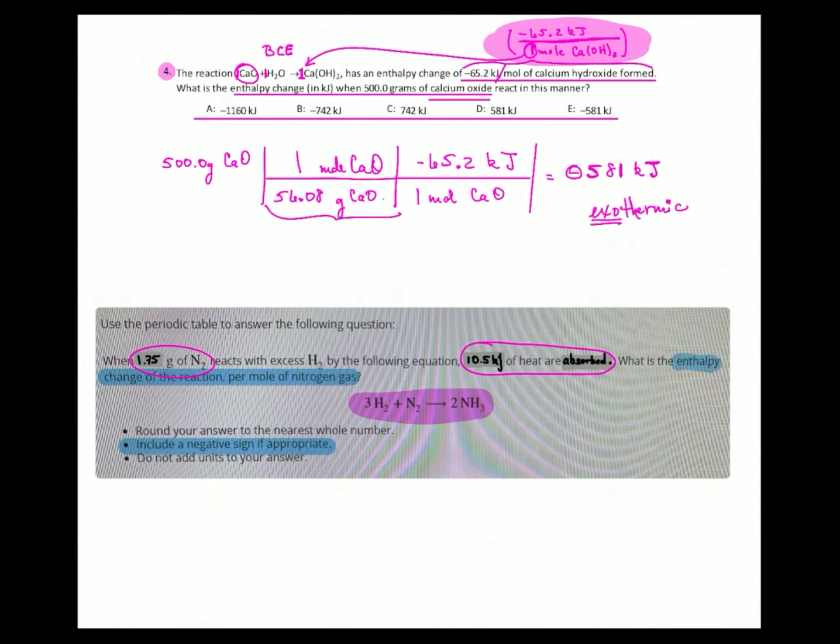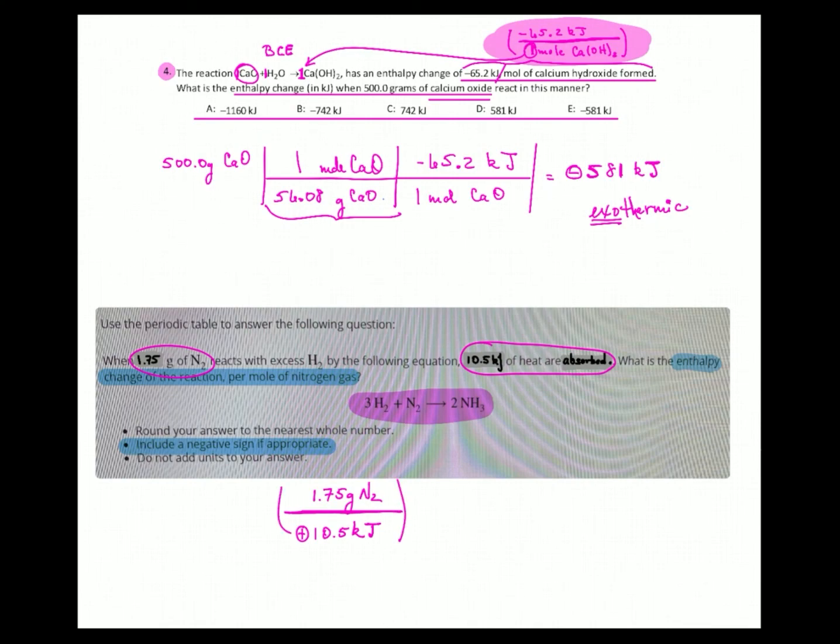So write that relationship out properly. 1.75 grams of N2 into the reaction. There will also be 10.5 kilojoules absorbed into the reaction. Now it's absorbed, right? So that is a positive sign. Again, I'm going to put the positive to stress that I thought about it. Because if it had said released, you've got to put a negative right there.